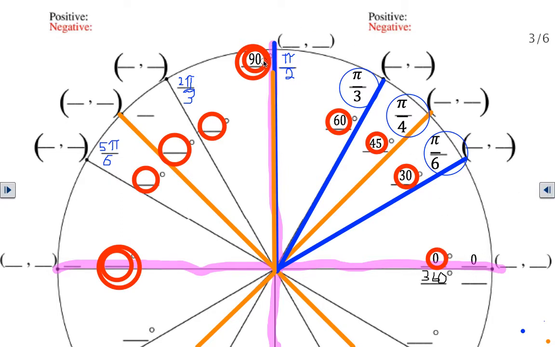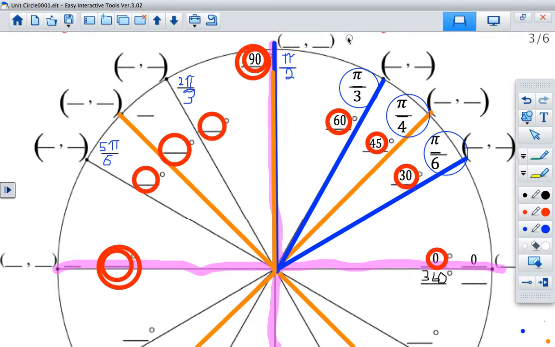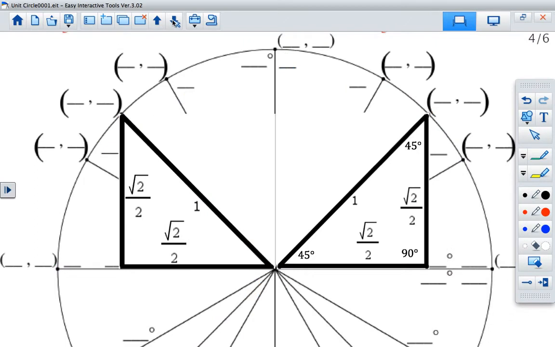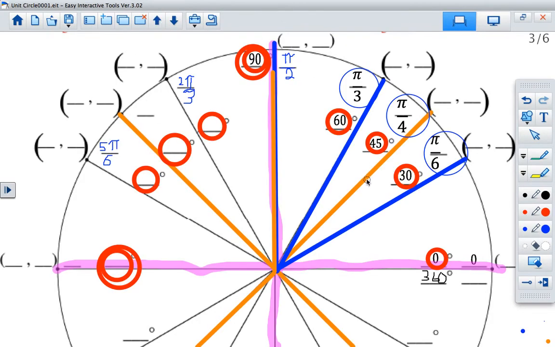and correlate our unit circle with our special right triangles. Okay, so the first special right triangle I want to correlate the unit circle with is your 45, 45, 90 triangle. Now, if you remember when we were setting this up, our 45 degrees was right here.